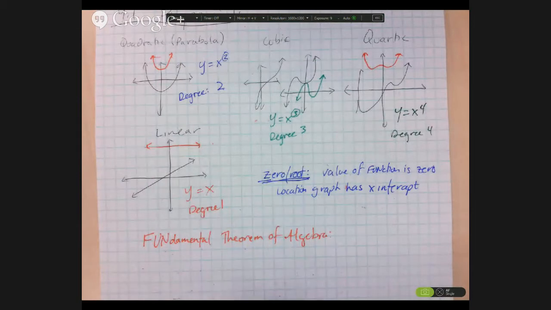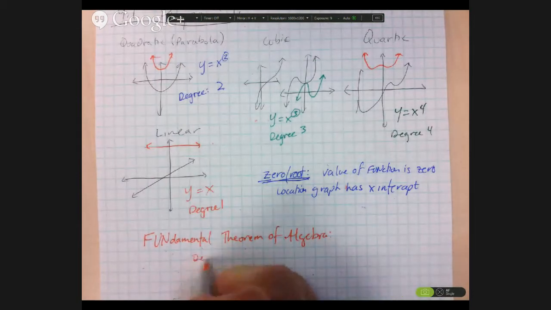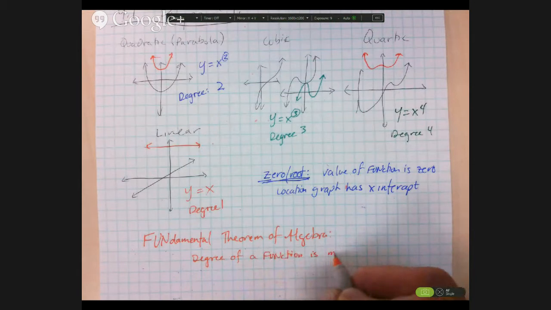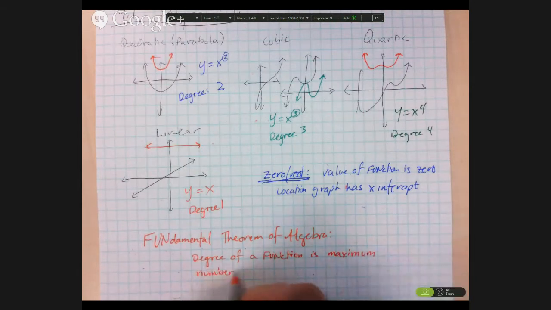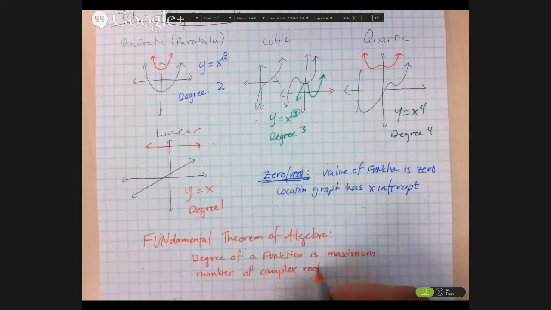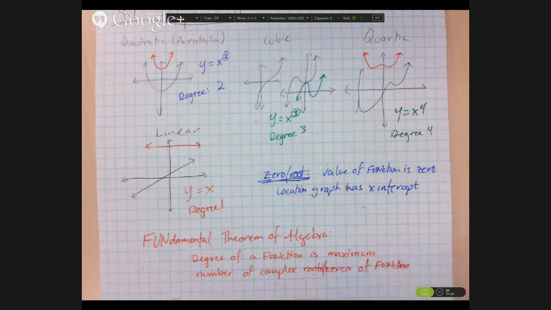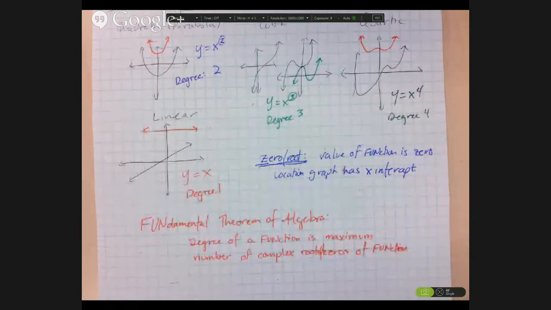This is a summary. The degree of a function is the maximum number of complex roots, zeros of the function. Okay, we're going to use zeros and roots interchangeably. There is a difference between the 2 words, but we're going to use them interchangeably because it's really not that big a deal.